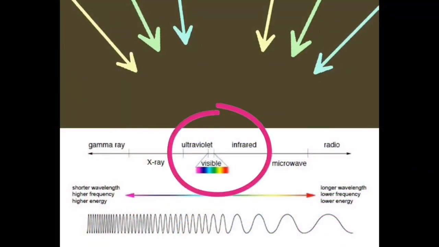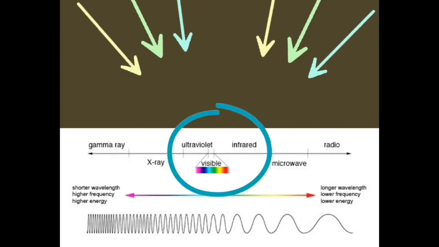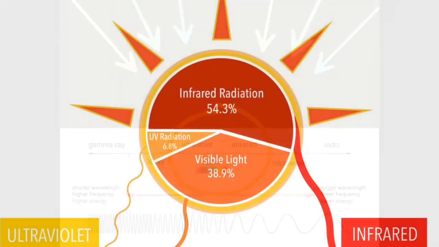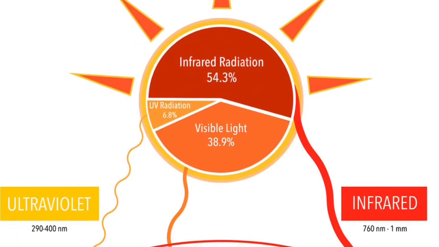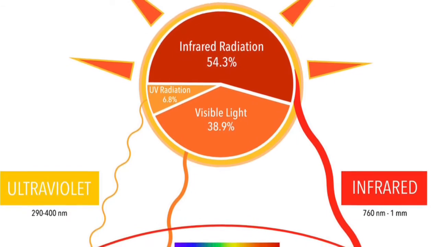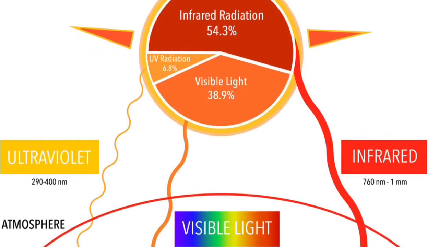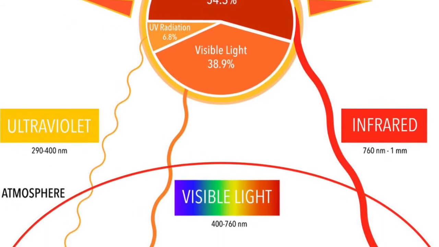The energy that the sun gives off is called solar radiation and is only a part of the electromagnetic spectrum. Sunlight is broken down into three major components: visible light, ultraviolet light, and infrared radiation. Ultraviolet radiation, as you can see on the far left, represents the shortest and most powerful wavelengths.